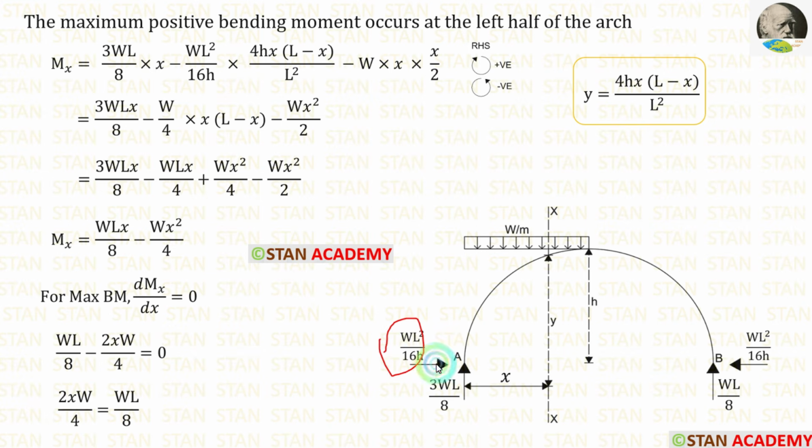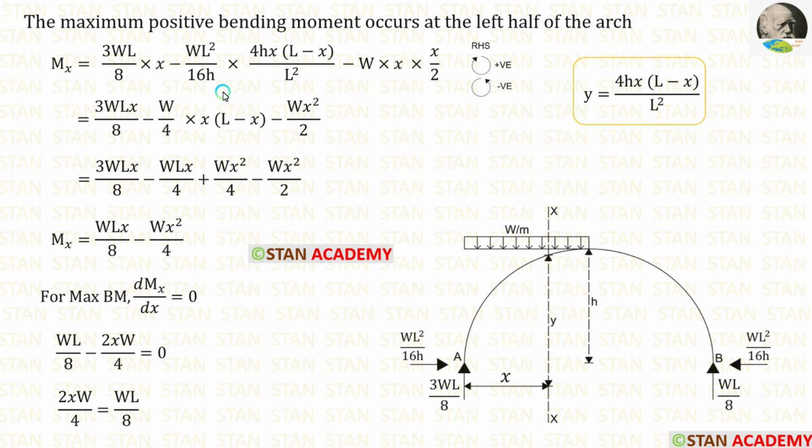The horizontal thrust is acting in the anti-clockwise direction, so it will be negative. For the horizontal thrust, the perpendicular distance is y. We already know the formula for y. We can apply that. The UDL is acting in the anti-clockwise direction, so it will be negative. When the UDL comes, we have to multiply with the distance and the distance by 2. Here, the distance is x, so x into x by 2.